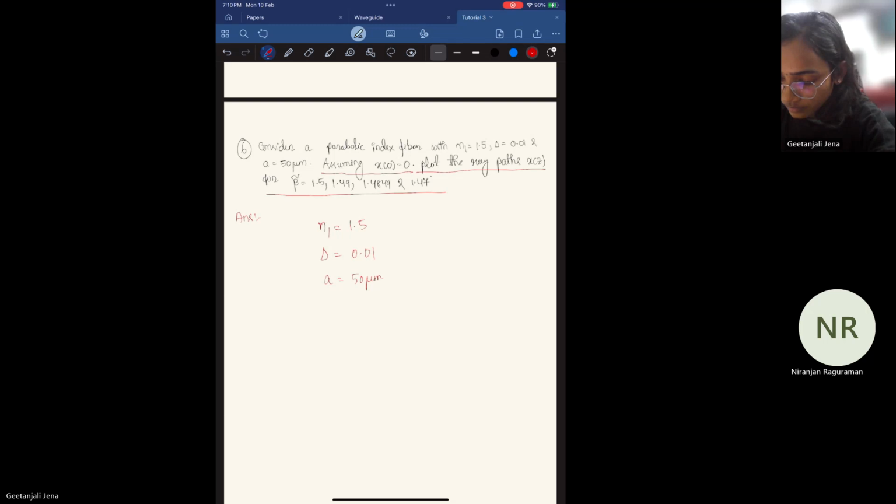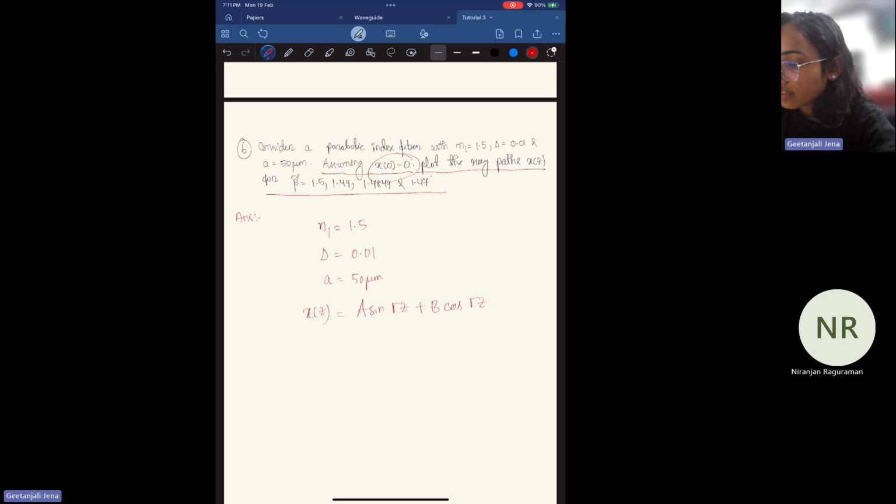As I said before, it's always a good practice to start with the general ray equation, that is x(z) is a sin(gamma z) plus b cos(gamma z).